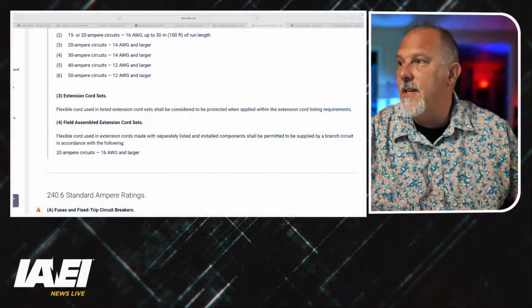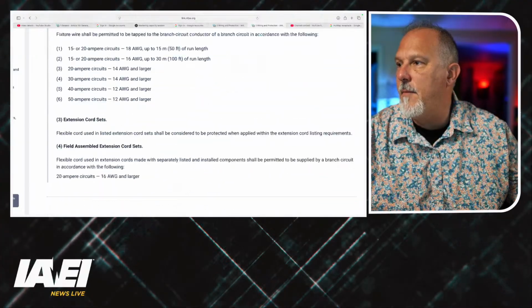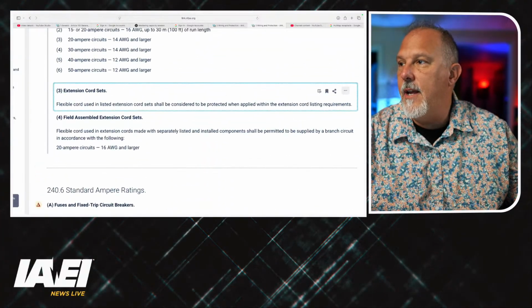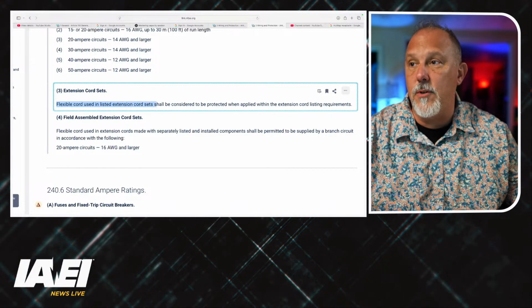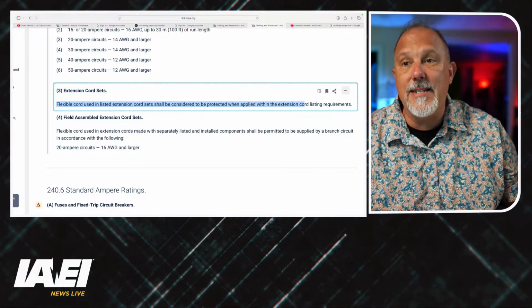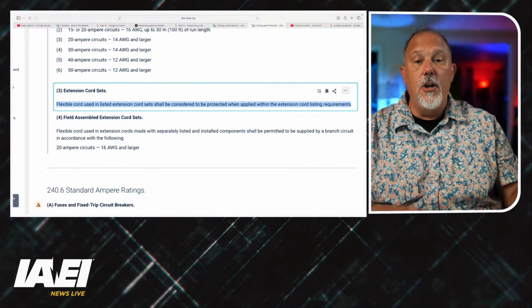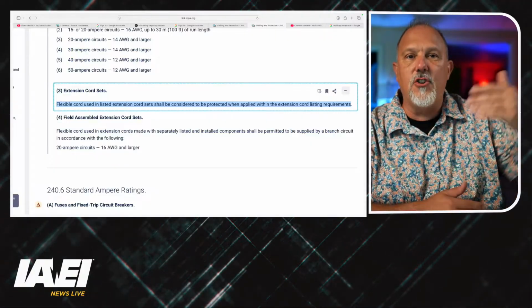Extension cords, I get this question a lot, and I love this requirement in 240.5(B)(3): flexible cords used in listed extension cord sets shall be considered to be protected when applied within the extension cord listing requirements. So we have to assume it's protected when we apply it correctly.